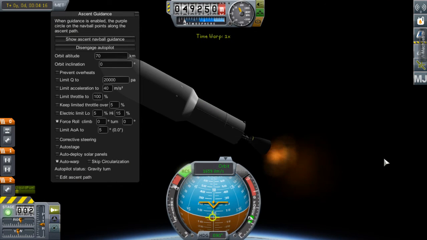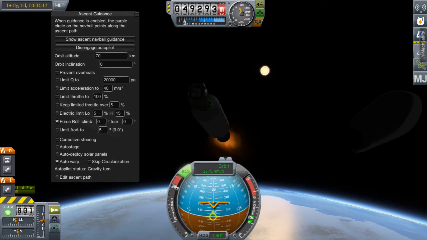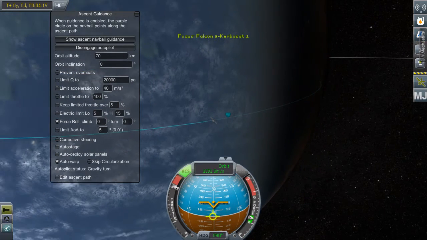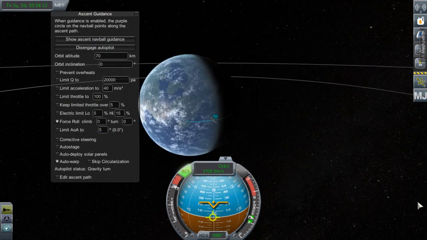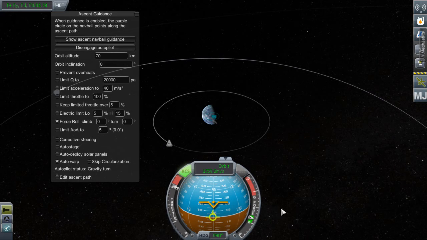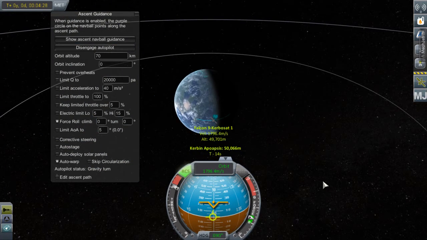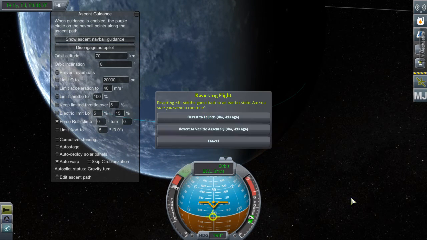Vehicle velocity gain nominal. Vehicle payload fairing separation nominal as expected. We have launch reset due to failure of the second stage.